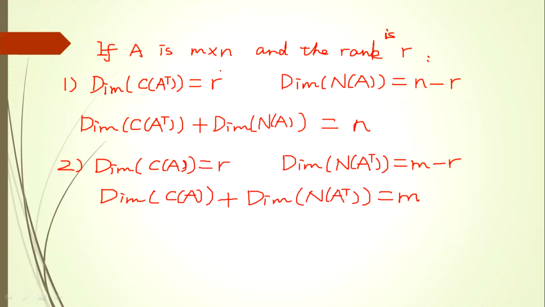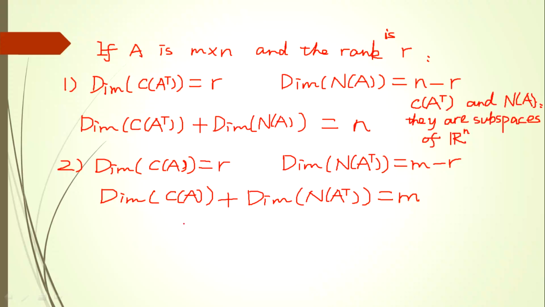Are you clear? The row space and the null space are subspaces of Rn, and the sum of their dimensions gives n.